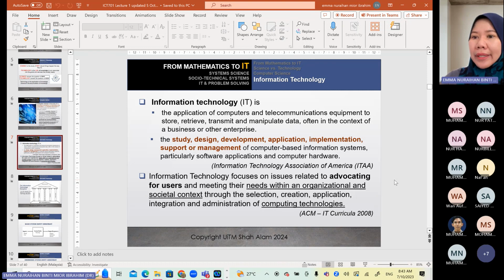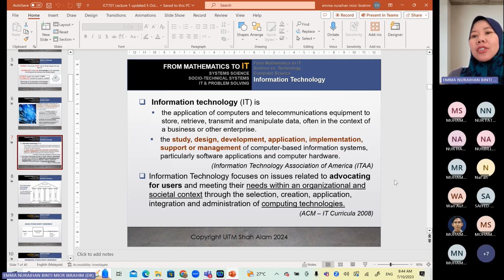So if you look at this major in any other universities, you can differentiate in terms of the subjects that the students are taking. So IT is more like an application where they study about design, development, and also support management. So you can see that subjects in IT ada yang related to business, entrepreneurship, digital entrepreneurship, social media, and so forth, because IT is more open, okay, because it's applied.